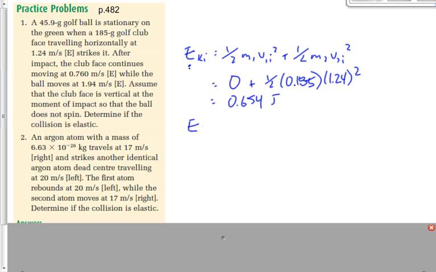Okay, let's find the kinetic energy after the collision. We're going to say that's 1/2 m1 v1f squared plus 1/2 m2 v2f squared. Now, after the collision, the golf ball is moving at 1.94 meters per second.